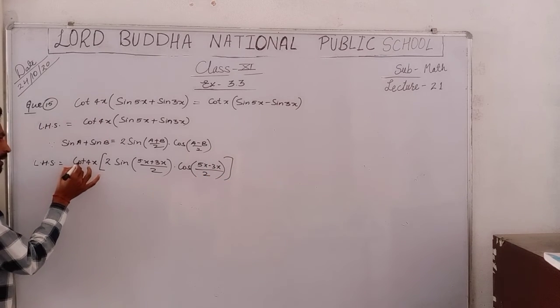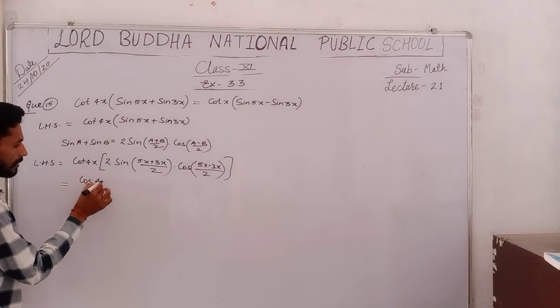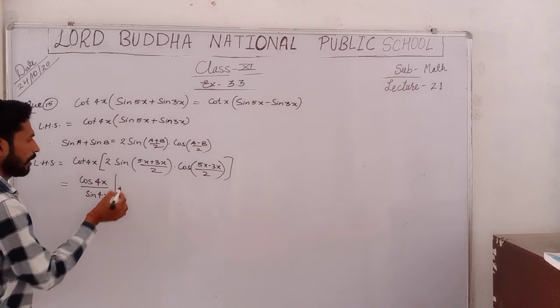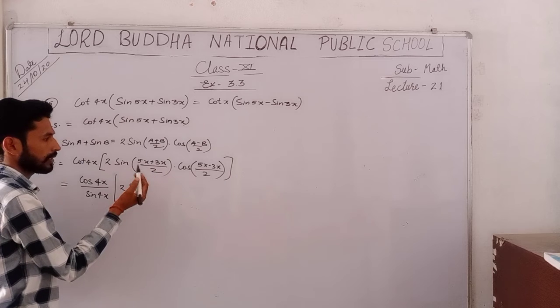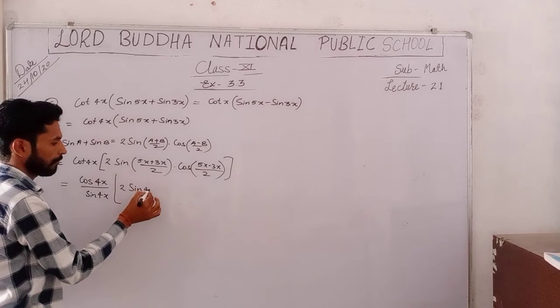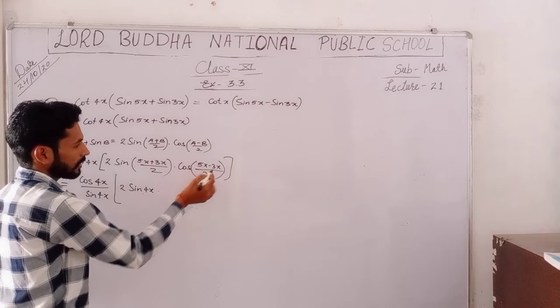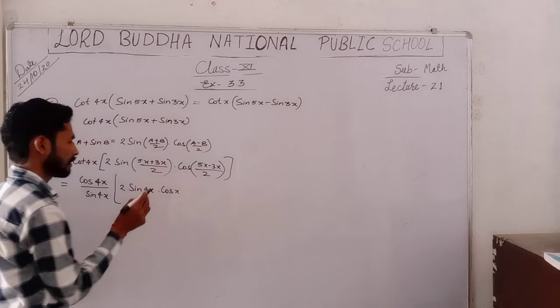So in place of cot 4x we can write cos 4x upon sin 4x, and here is 2 sin of 5x plus 3x, that is 8x, divided by 2, that will be 4x, into cos of 5x minus 3x, that is 2x, divided by 2, so here will be only cos x.